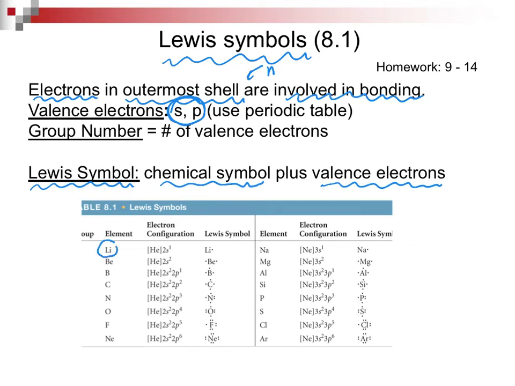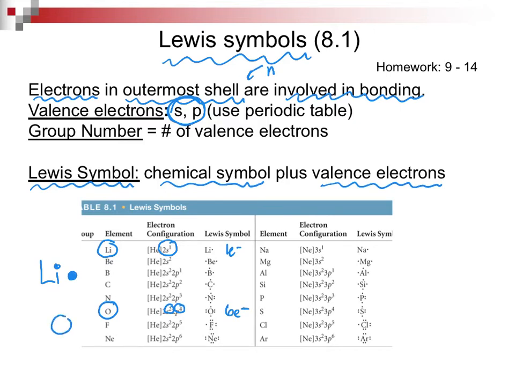If I take the element lithium, there is its chemical symbol. And it is a 2s1. It has one electron. I will represent that by this dot, all right? Let me go all the way down to oxygen, which is further down. It is a 2s2, 2p4, for a total of 6 electrons.